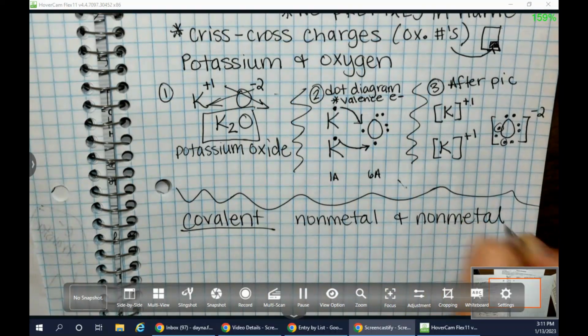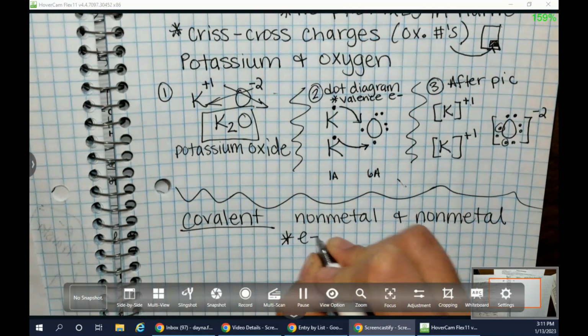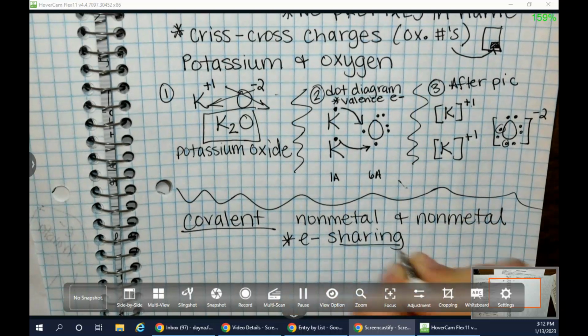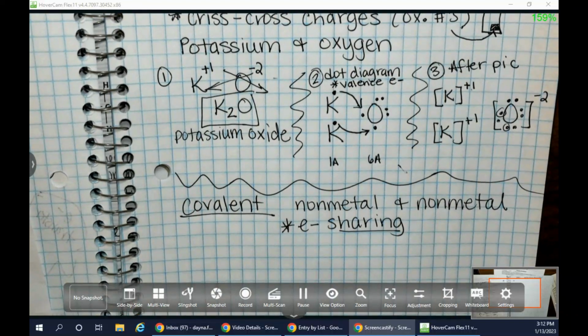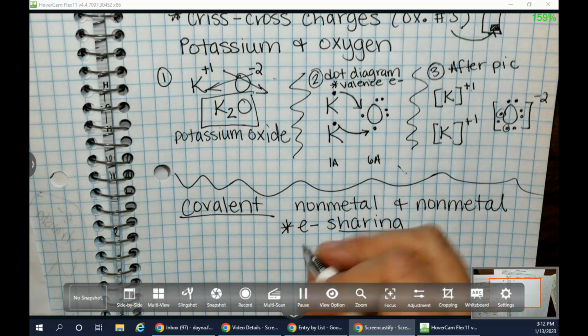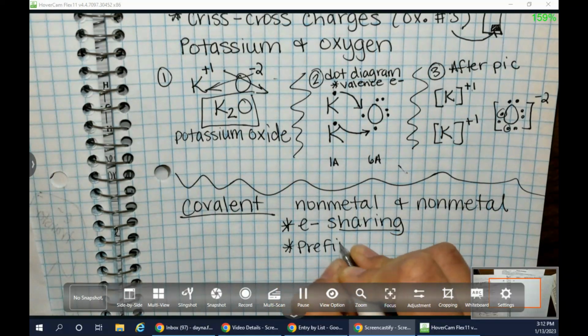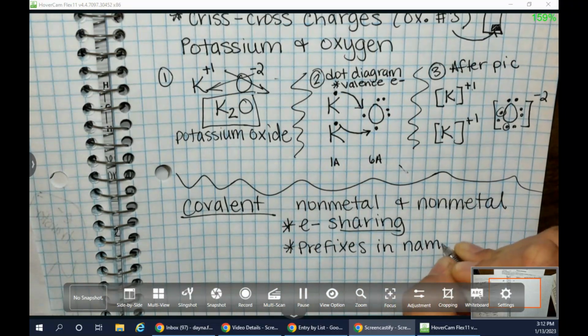And instead of an electron transfer, this is going to be electron sharing. So connecting your single dots. This is also the one with prefixes in the name. It's an easy way to recognize them.